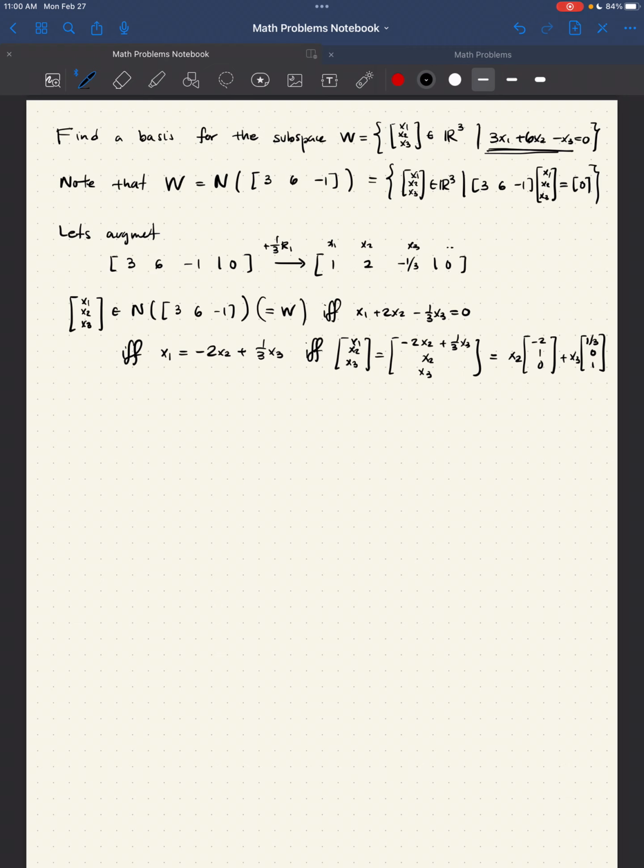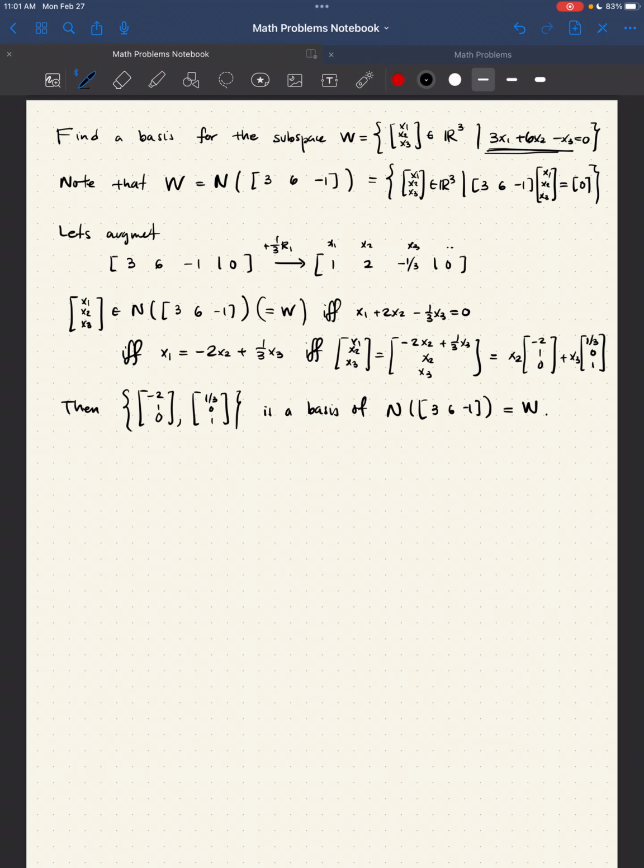What is this saying? Well, then the set defined by -2, 1, 0, comma, 1/3, 0, 1 is a basis of the null space of this matrix, which is nothing else but W itself.